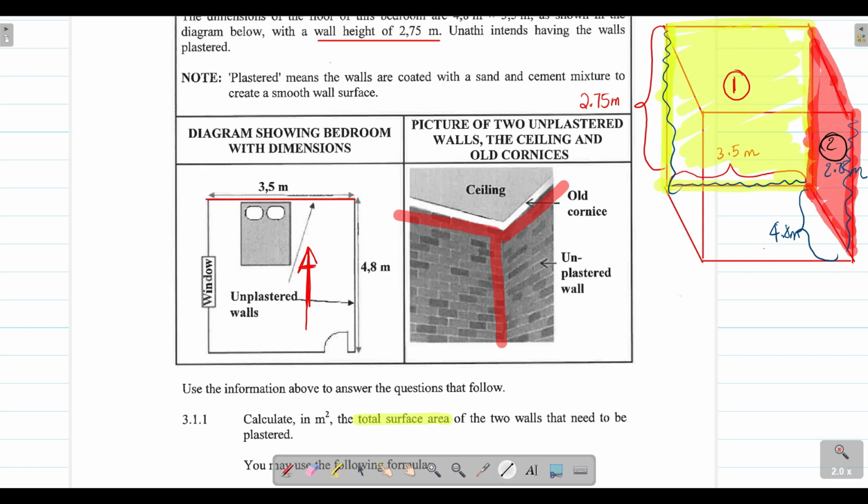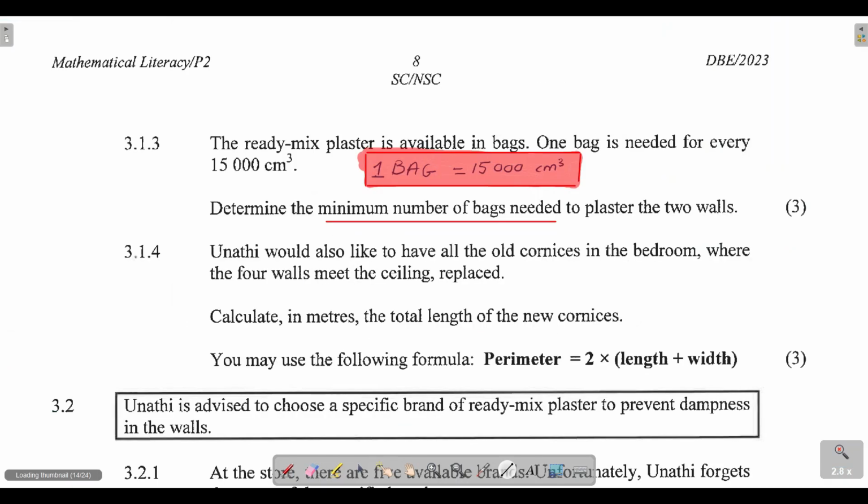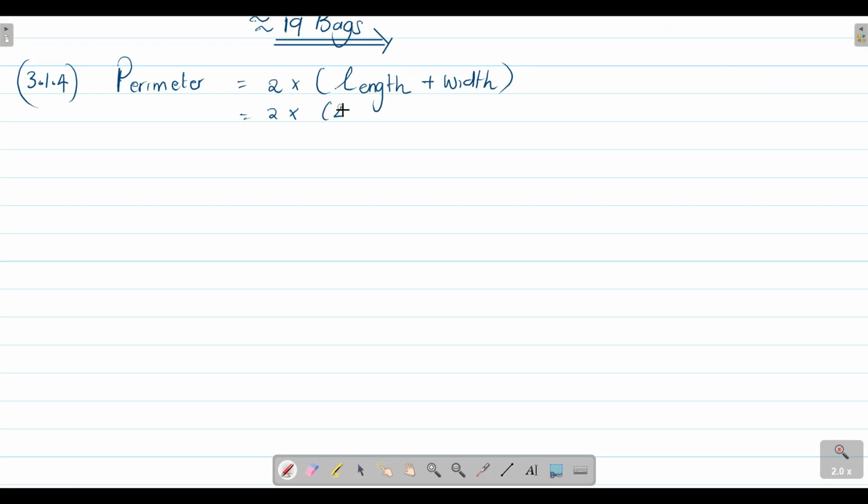Do you guys agree? So in this case, the length will be 4.8 and the width will be 3.5, because the cornice is just going all around this wall.